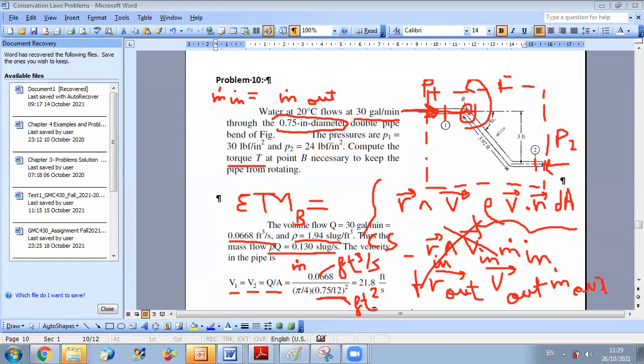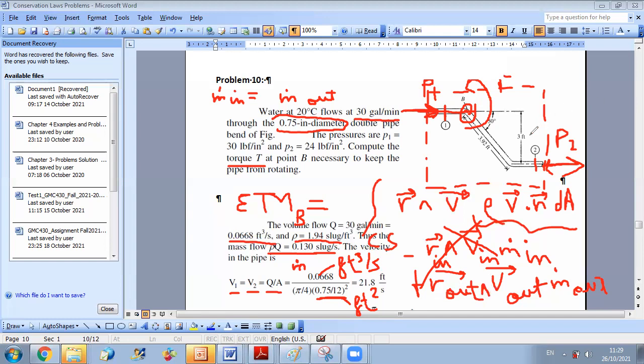Now, concerning the outlet flux, m dot out V out, it has a moment. And you know how to calculate the moment in 2D. No need to do the vectorial product.